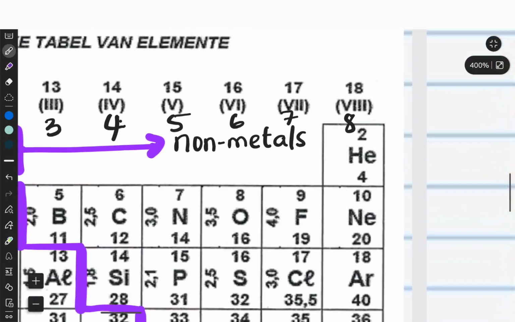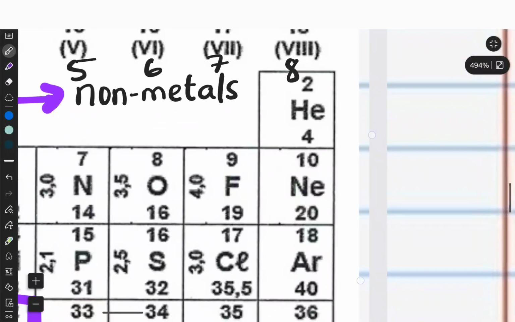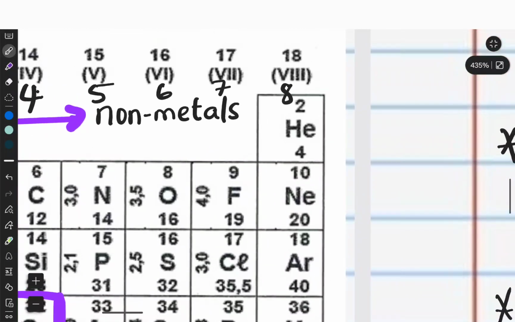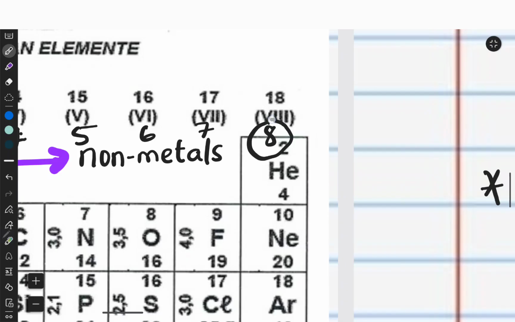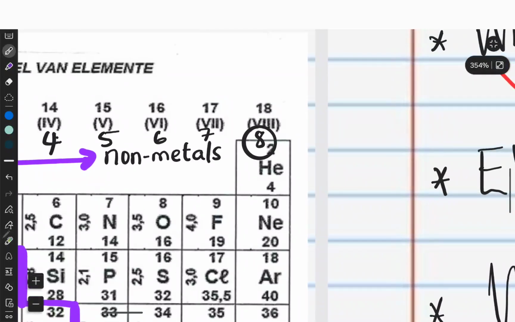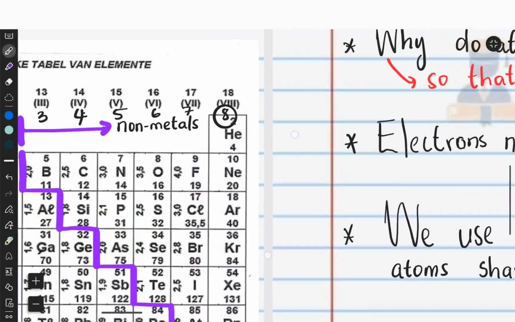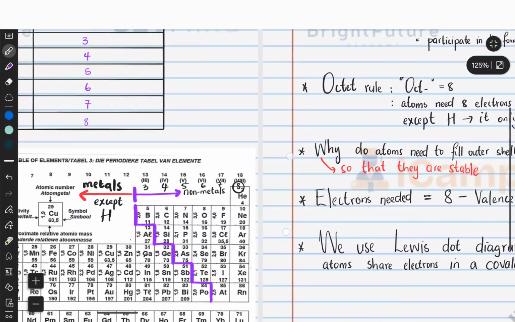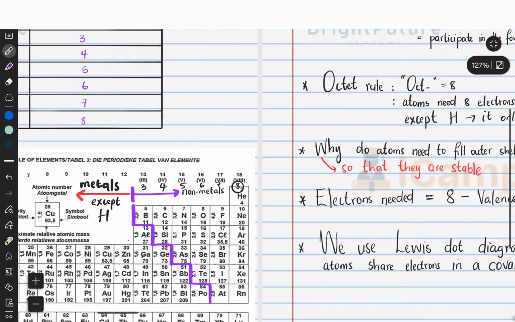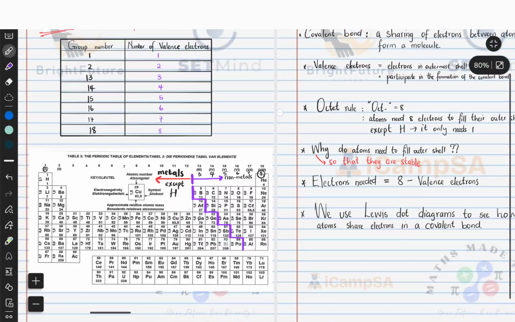Because remember, covalent bonding only occurs between nonmetals, except the ones in group 18. The reason is that if you check the valency for group 18, it is 8. So they have already filled their outer shell, so they do not need to participate in covalent bonding, because they don't have any space to fill more electrons. They have already reached 8.